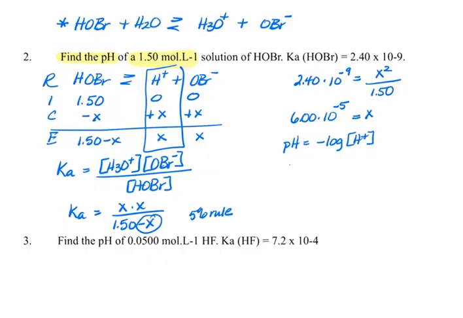And so my pH is going to be the negative log of the 6.00 times 10 to the negative 5, and therefore my pH ends up being 4.22.